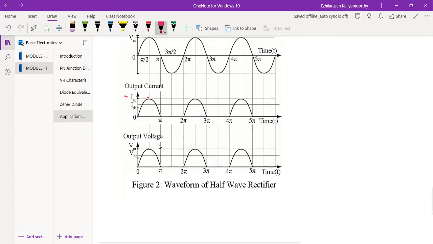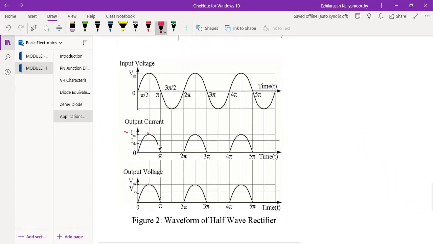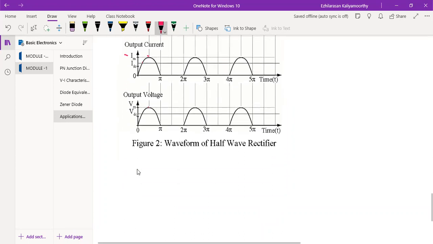So now what we are going to do, we are going to calculate the factors. Let me tell some of the factors. We are going to calculate the peak current, that is Im. Peak current, average current. Im is nothing but peak current.